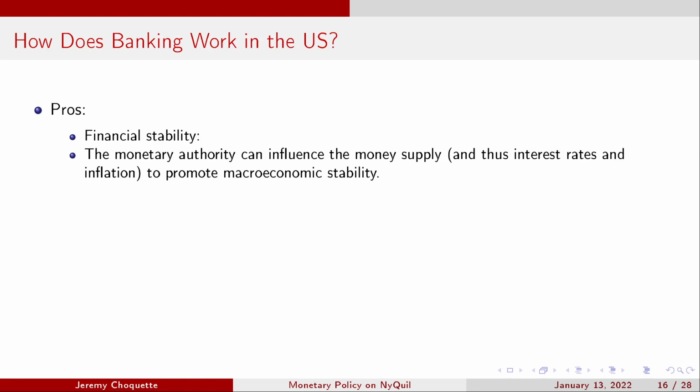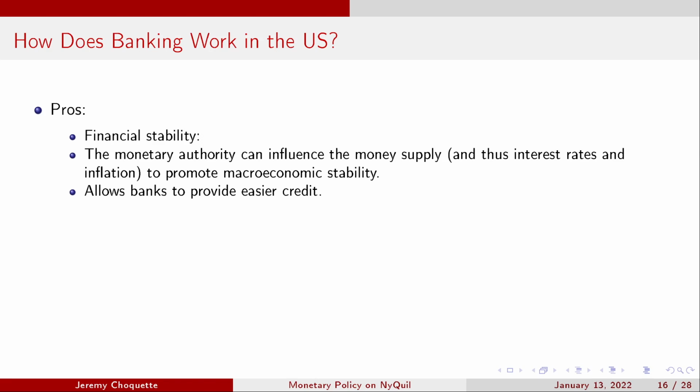And they have been fairly good at that ever since the creation of the Federal Reserve in 1913. There have been a couple of hiccups, of course. Nobody's perfect, but overall, financial stability has been quite good under the Federal Reserve.